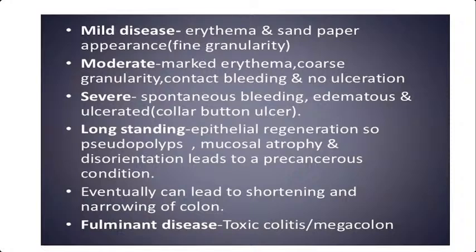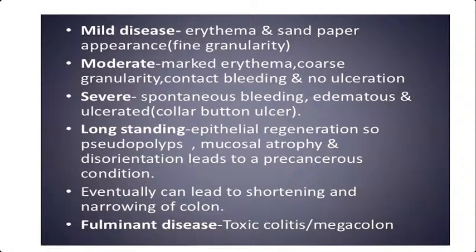And in long-standing inflammatory bowel disease or ulcerative colitis, there's regeneration of the inflamed mucosa to form pseudopolyps. There may be mucosal atrophy, or often in long-standing colitis, there's mucosal atrophy and disorientation leading to precancerous conditions.